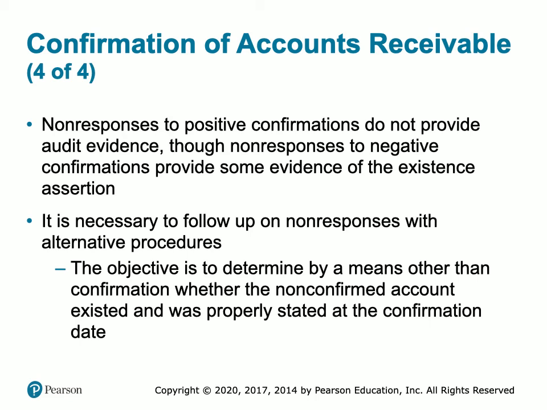Non-responses to positive confirmations do not provide audit evidence, but non-responses to negatives do provide some evidence. But when you get non-responses to positives, you have to do alternative procedures. The alternative procedures are: go look at a shipping document, go look at some evidence that the customer actually ordered the goods that were shipped.